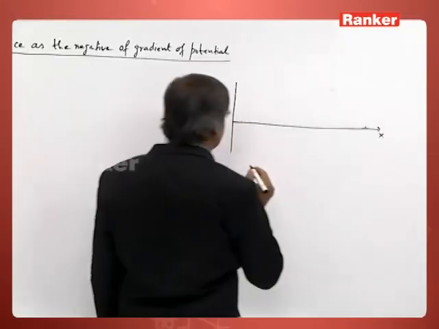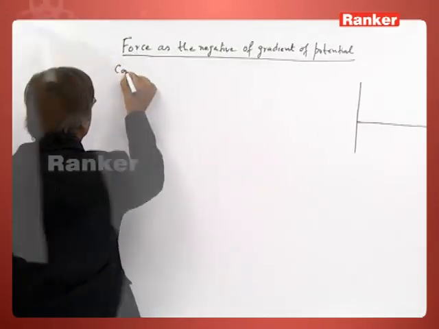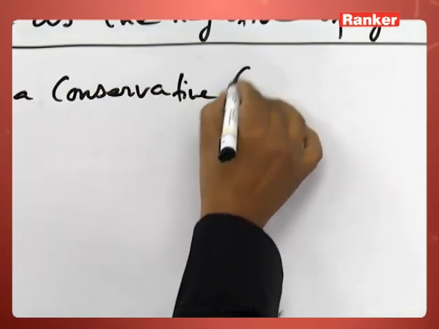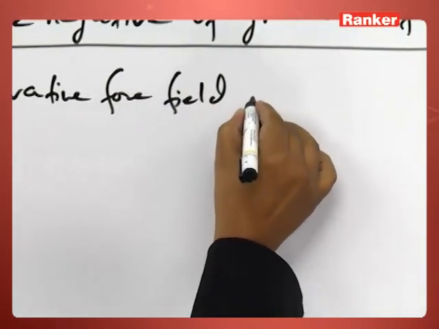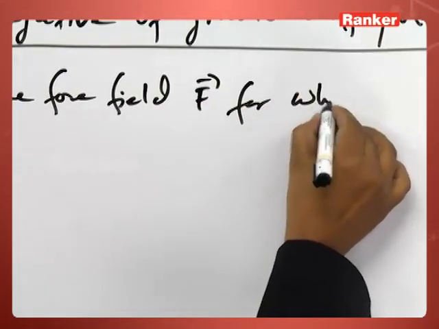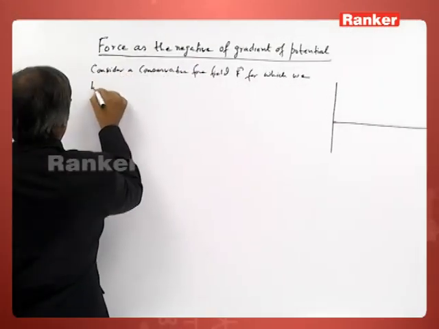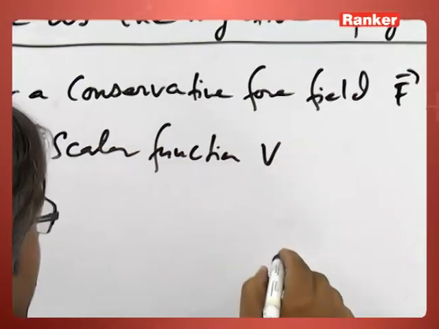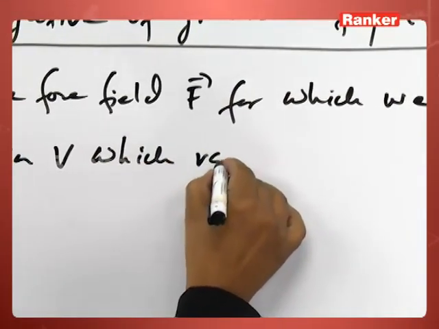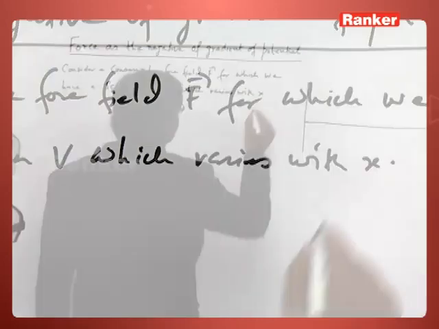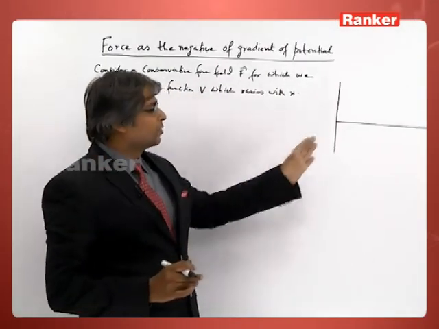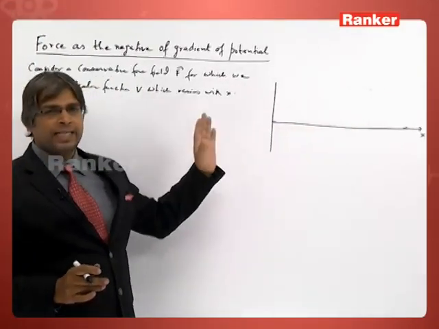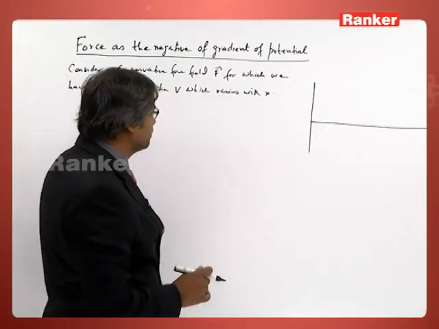So this is our x axis, and consider a conservative force field F, for which we have a scalar function V which varies with x. Presently I am interested in x. When I say V varies with x, it means V is not constant along x. It may be varying along y and z, but presently V varies along x.